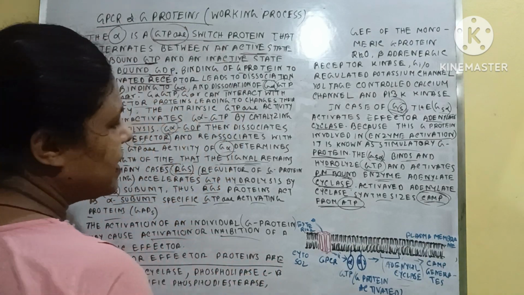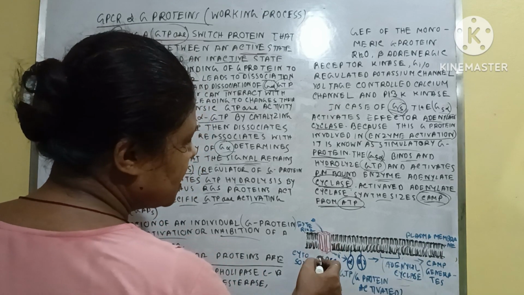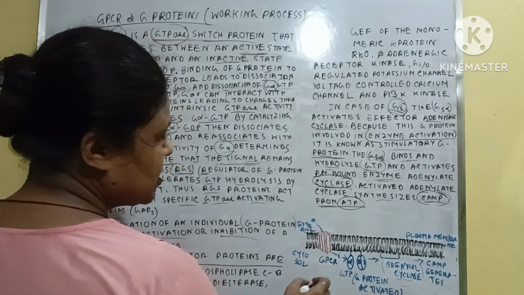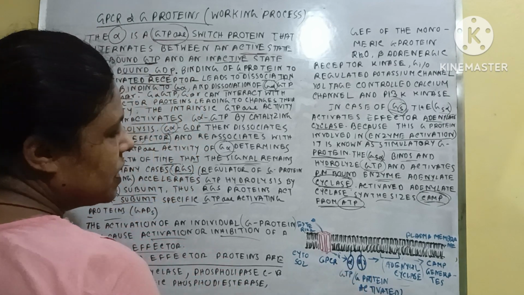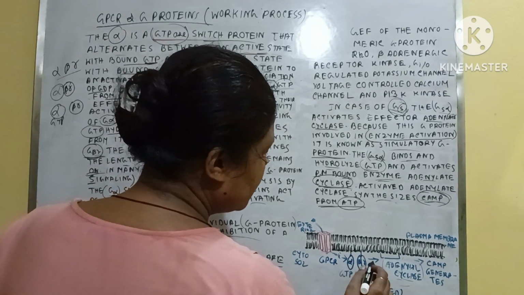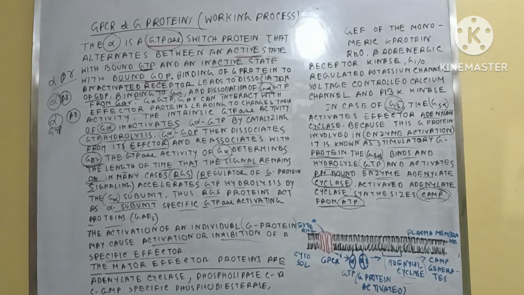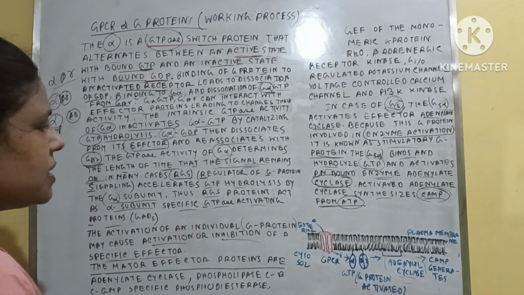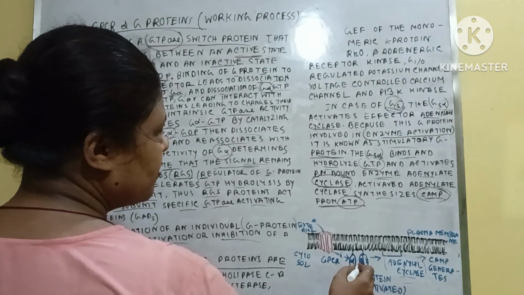the very brief diagram: this is the plasma membrane and these are the GPCR or the receptors, and here the G protein alpha and beta gamma. So this is the GPCR receptor, and here the alpha beta gamma.